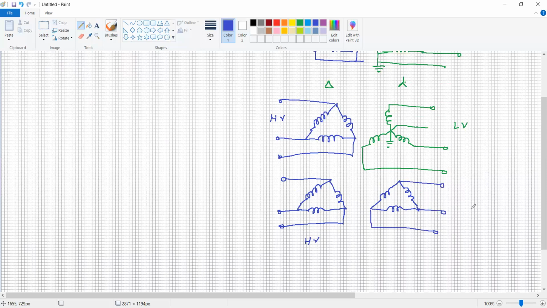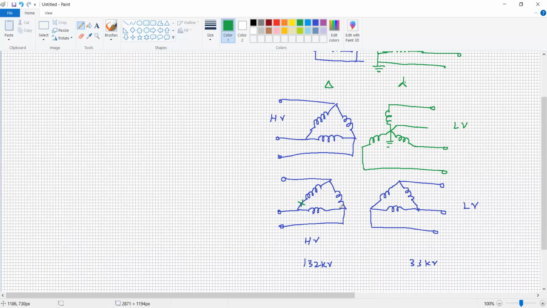In a power transformer, the HV winding is suppose 132 kV, and here it is 33 kV. It is a delta delta connected power transformer. Suppose a fault occurs in any one of the windings. Suppose this winding is disconnected or there is some failure.